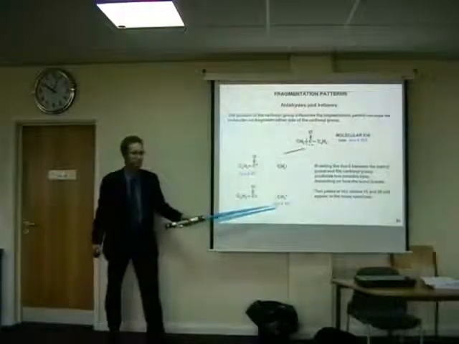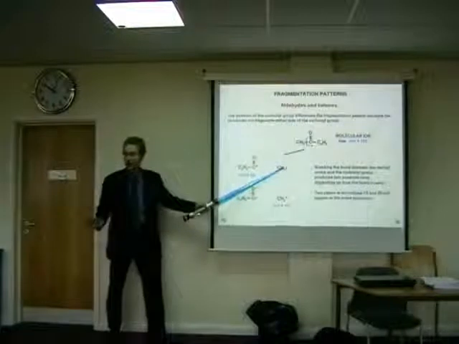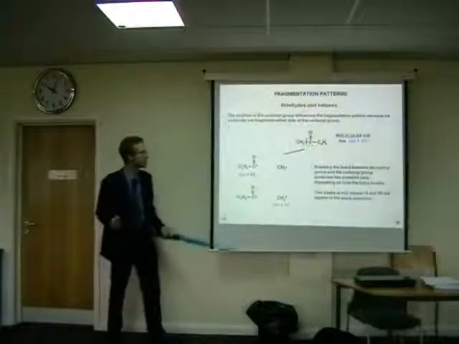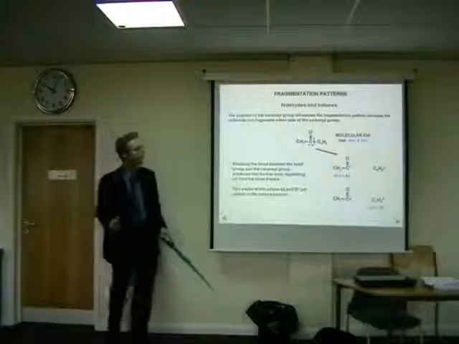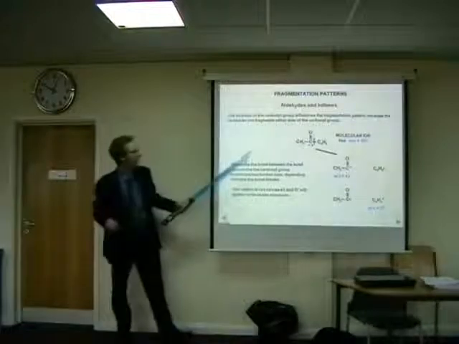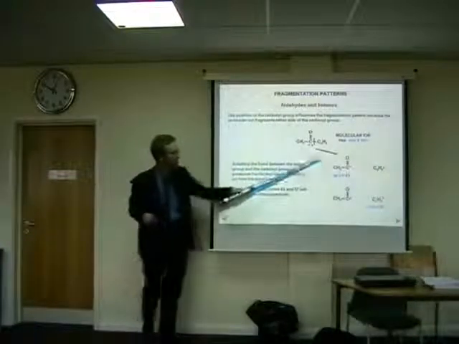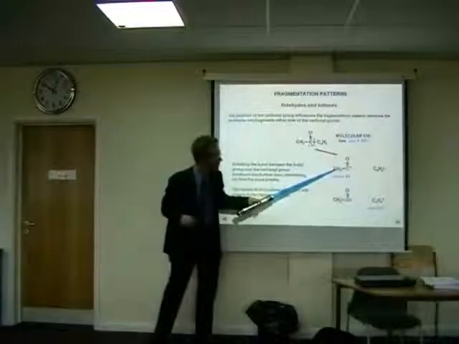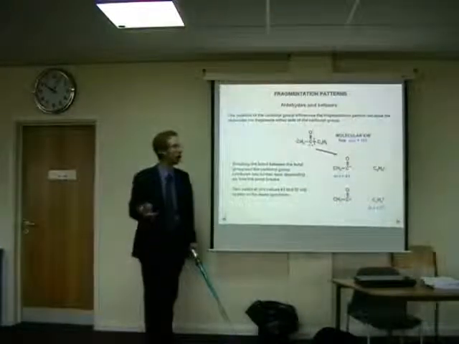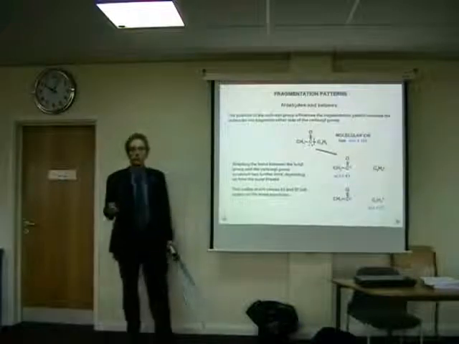This one doesn't get accelerated because it's a radical. That one doesn't get accelerated because it's a radical. Alternatively, you can get that one, or that one. And at this stage, you don't need to worry about any preferences.